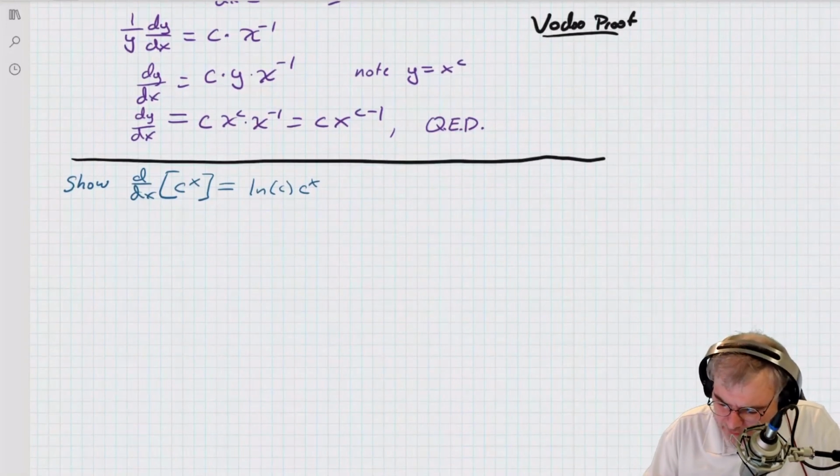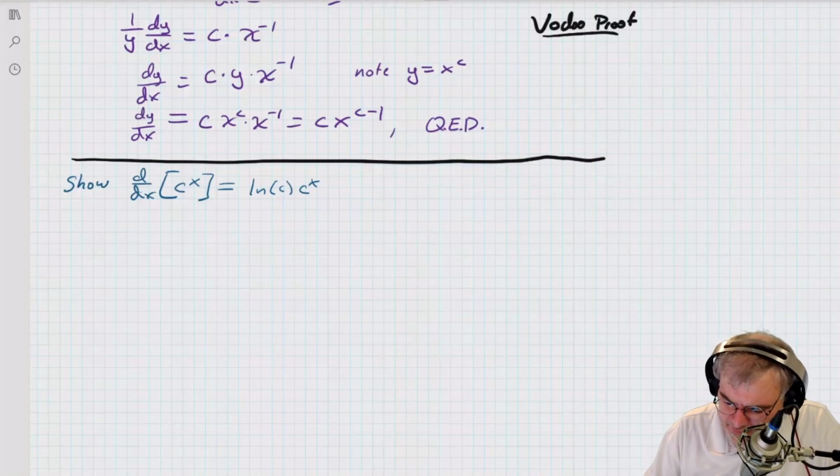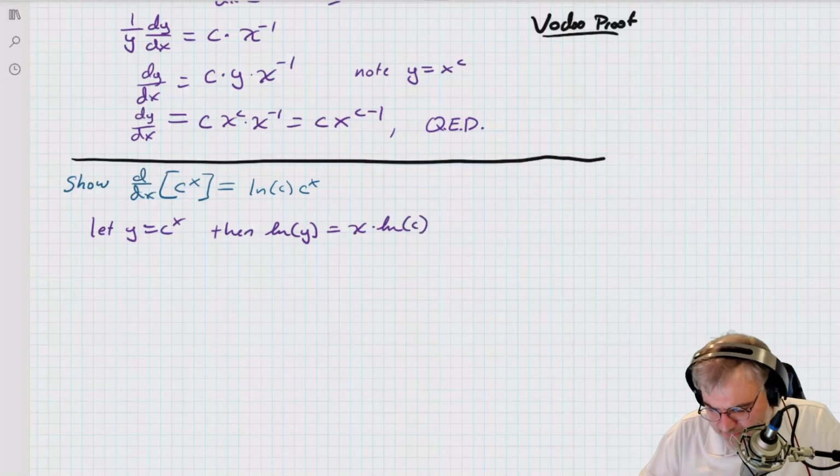Okay. So we're going to do the exact same thing. Let y equals c to the x. Then ln of y equals x times ln of c. c has to be greater than 0, not x.